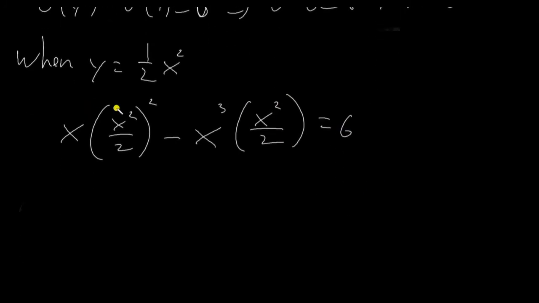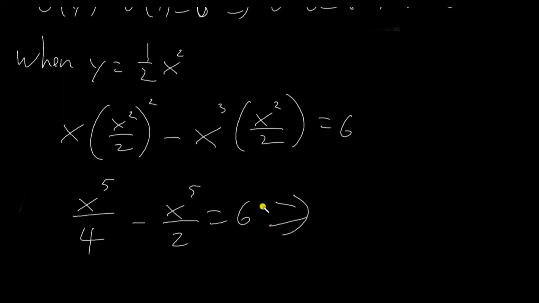Now if I expand this out, I'll get x to the 5th over 2 squared, which is 4, minus x to the 5th over 2. Remember, when you multiply two things with the same base with different exponents, you add the exponents. And then this is equal to 6. It simplifies a bit more, and I'll get negative x to the 5th over 4 equals 6.